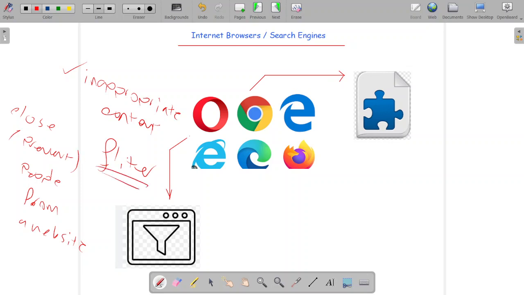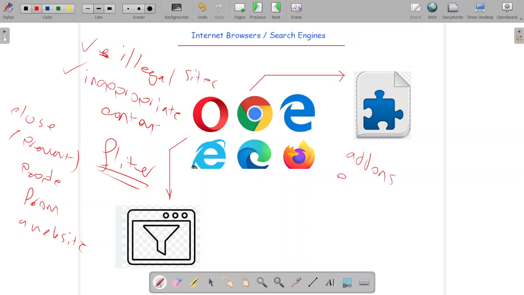So filters are systems embedded inside the internet browsers, and they are used to filter inappropriate content, or if you remember, we talked about illegal sites, etc. So that's the purpose of the filter, to prevent you from accessing harmful websites.